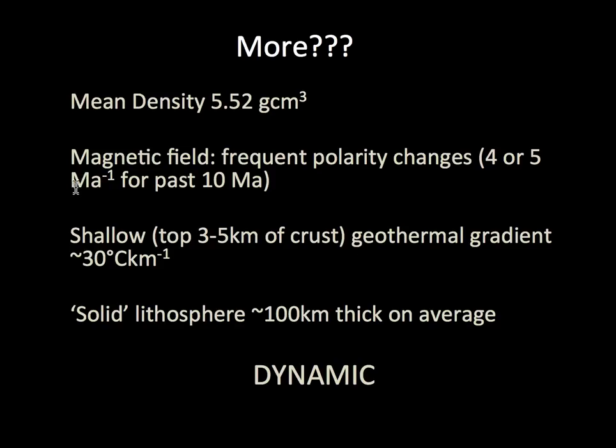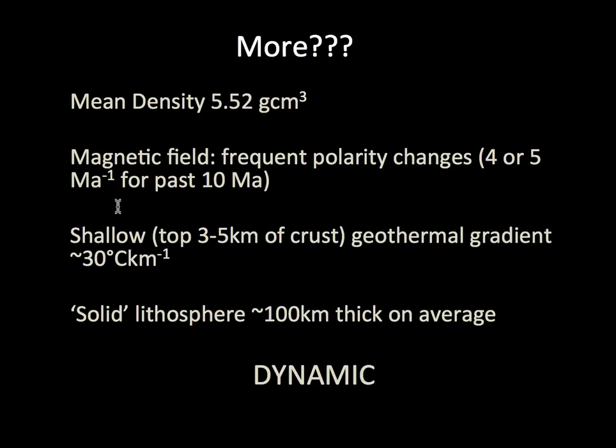That's the Ma, million annum, mega annum, -1 is the per symbol, of course, so per million years. And so that means over the last 10 million years, there's been about 40 or 50 changes in polarity. And so you can see that they do happen about every 200,000 years if there's 4 or 5 per million years. So they're not actually that fixed, the magnetic poles.